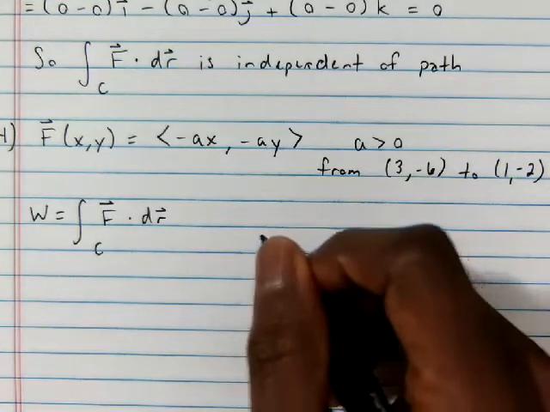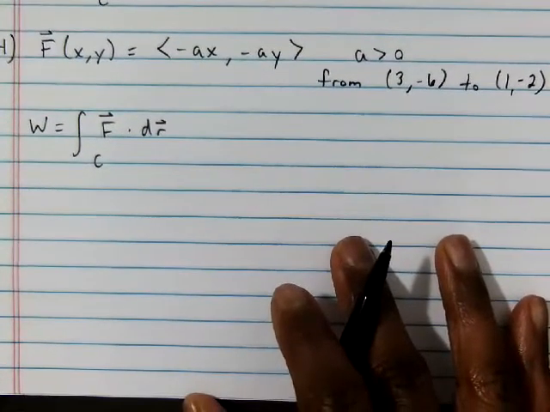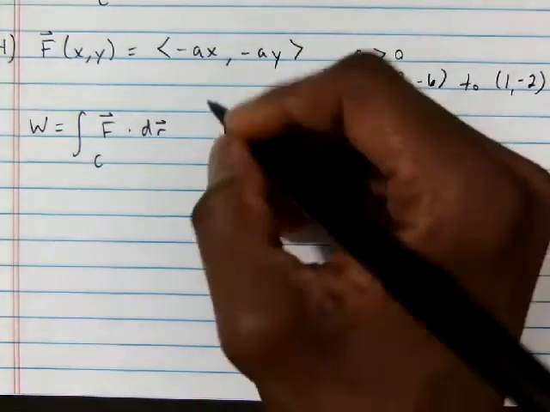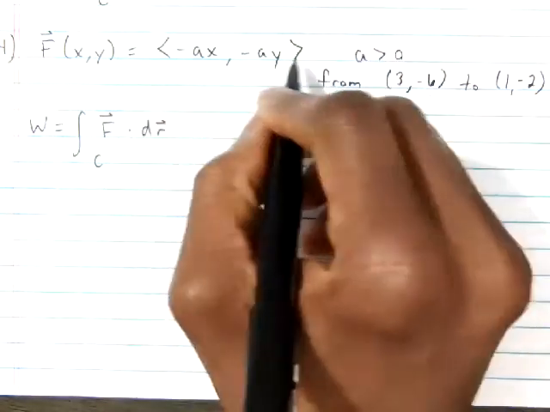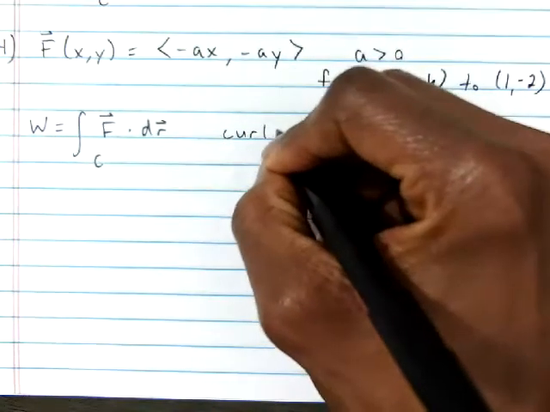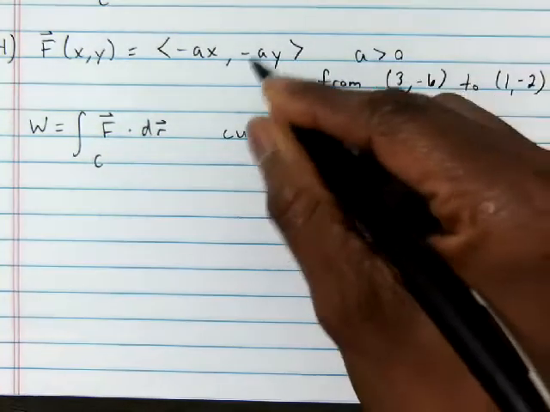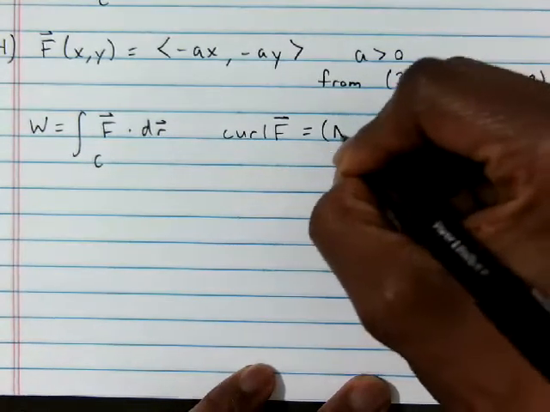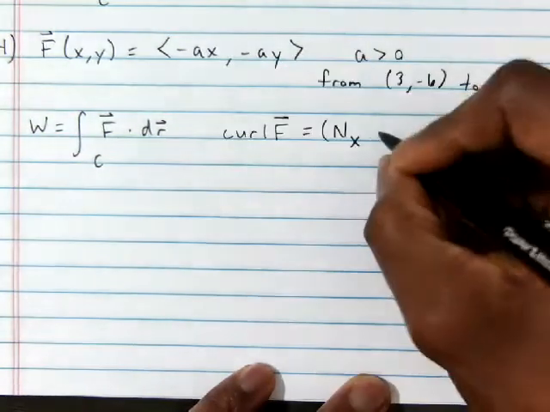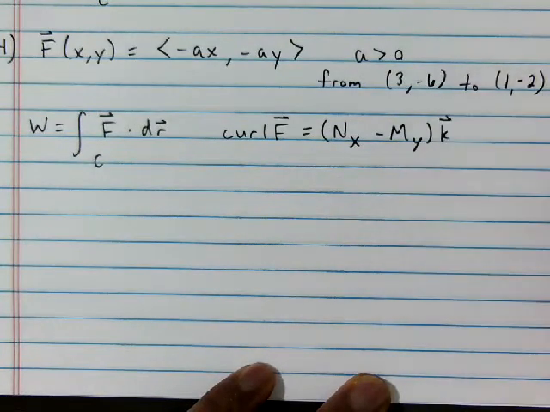All right, so here, let's do the curl. The curl of F will be the partial of N with respect to x minus the partial of M with respect to y times k.